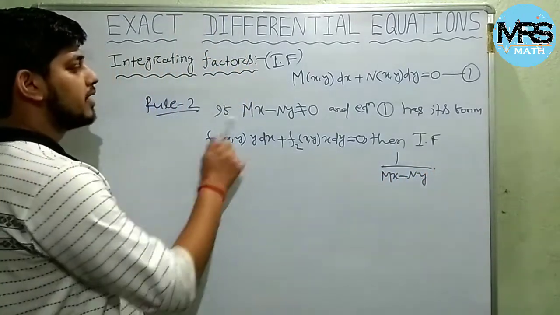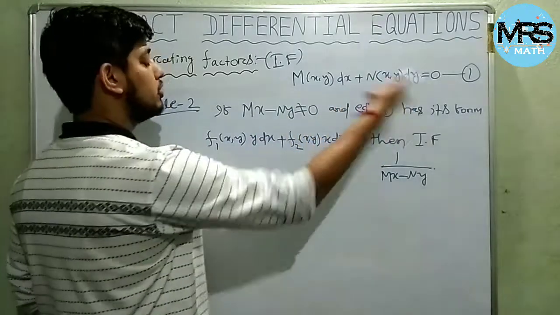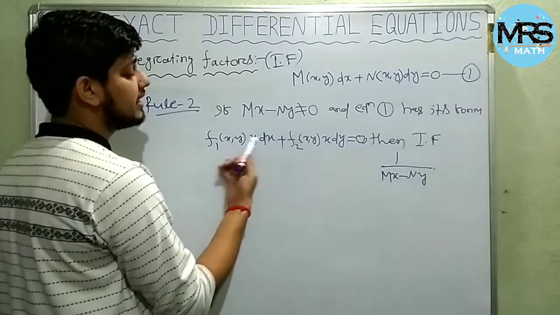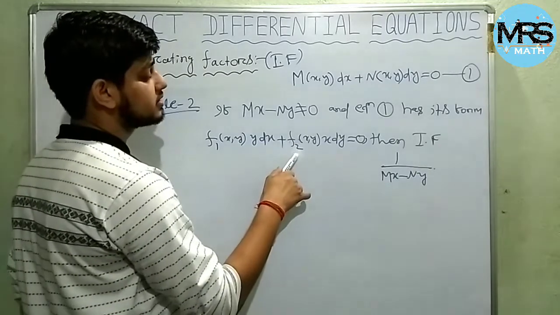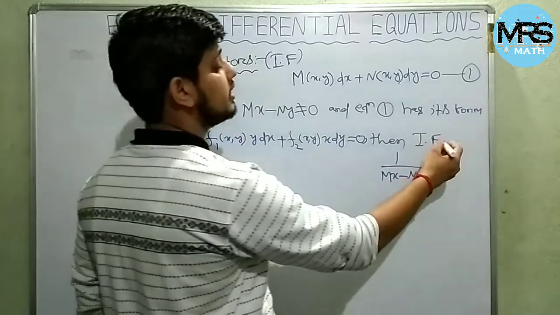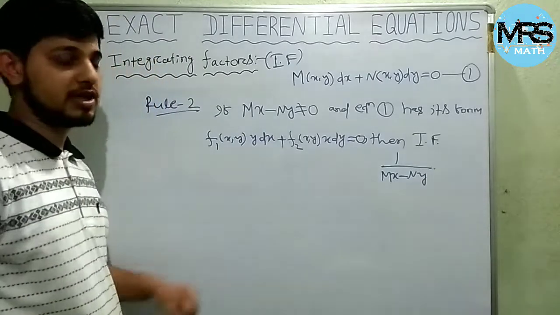If Mx minus Ny is not equal to 0, and equation 1 is of the form some function of xy into y dx and some other function of xy into x dy equal to 0, then the integrating factor will be this one, 1 over Mx minus Ny.